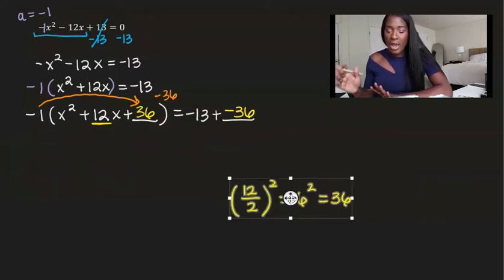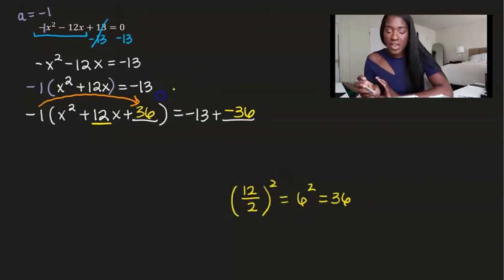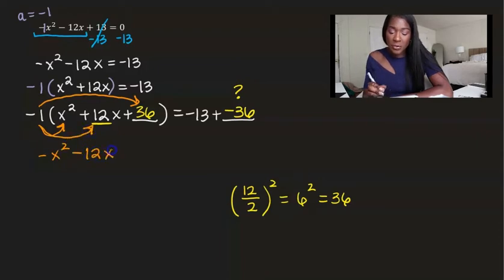One thing that I tell my students when they get caught up in this step is, once you have that number added in on the inside of the parentheses, if you're unsure of what to put right there, just start distributing this back out. Distributing the negative 1 to the x squared gives us a negative x squared. Distributing the negative 1 to the 12x gives us a negative 12x.